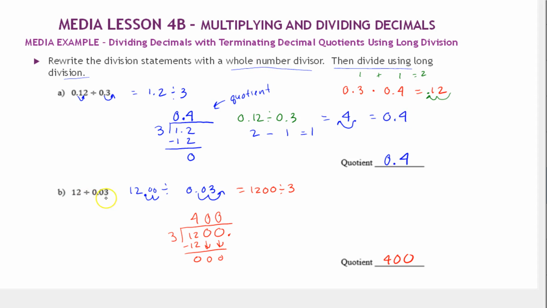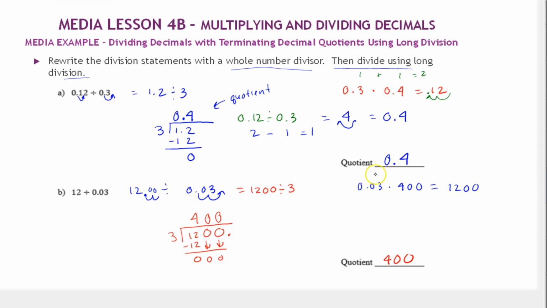So let's see if this also works here. It's going to be a little bit different, but we'll have the same idea. So we'll look at the divisor times the quotient to check our answer to make sure it's 12. Well, 3 times 400 is 1200.